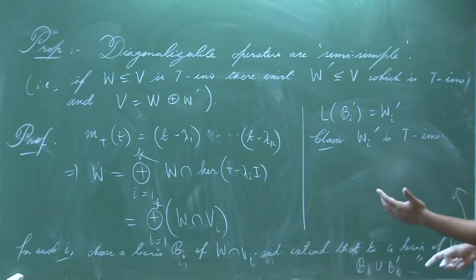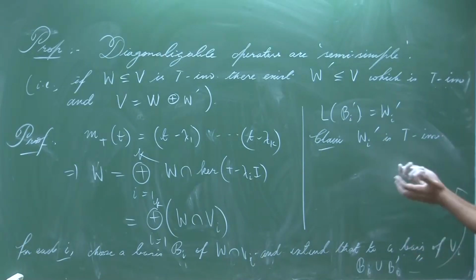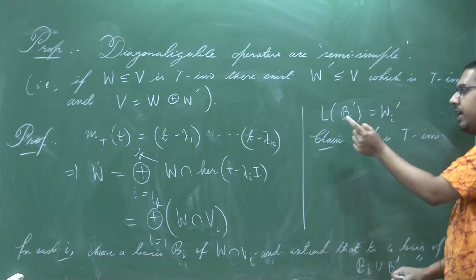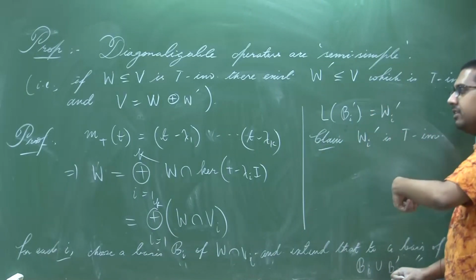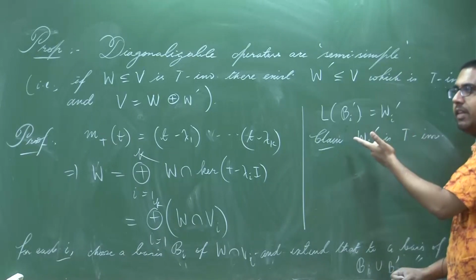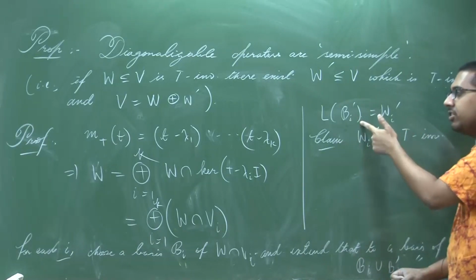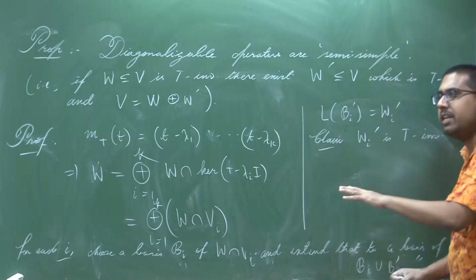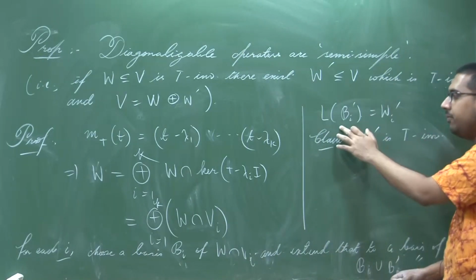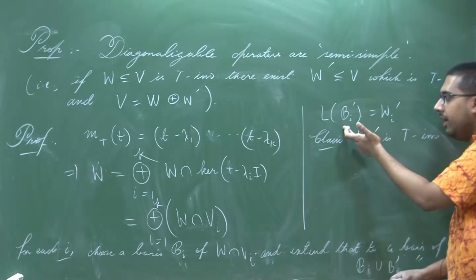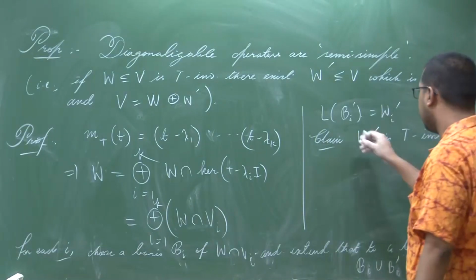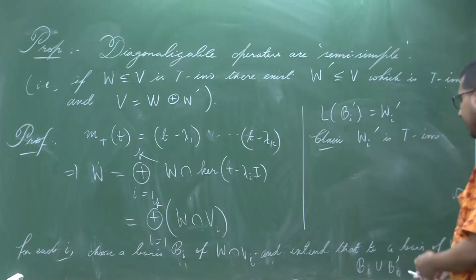When we apply T on such a combination, it will again be a combination of Bi prime vectors, because on every vector in Bi prime the linear map acts as a scalar multiplication. So, thus Wi prime is T invariant.